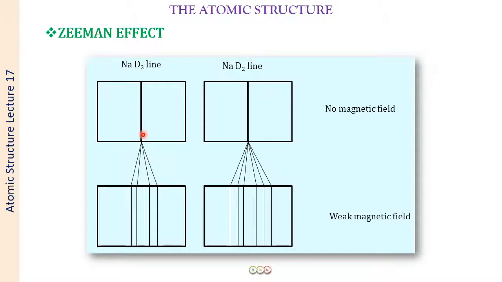You remember them? Now when a magnetic field is applied, what was seen was that these lines were splitting into finer lines. Bohr could not explain the Zeeman effect, and similarly he could not explain the Stark effect, which was the splitting of the lines in the presence of an electric field.